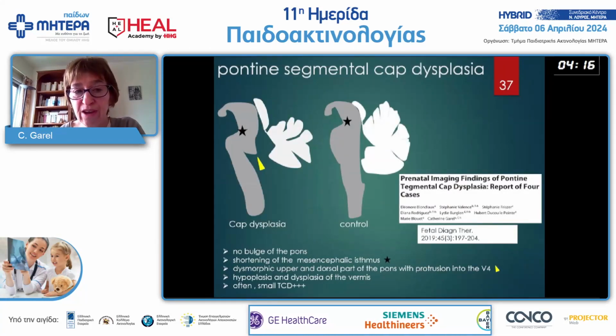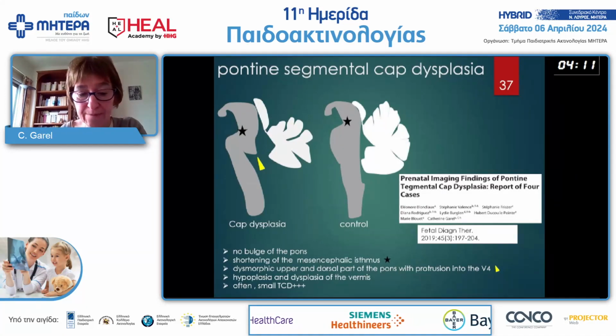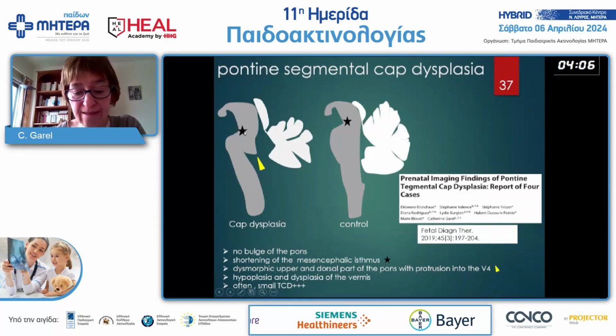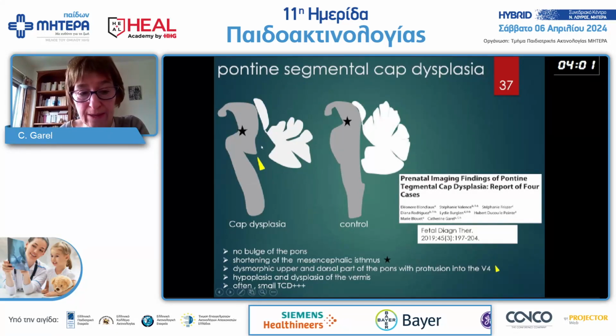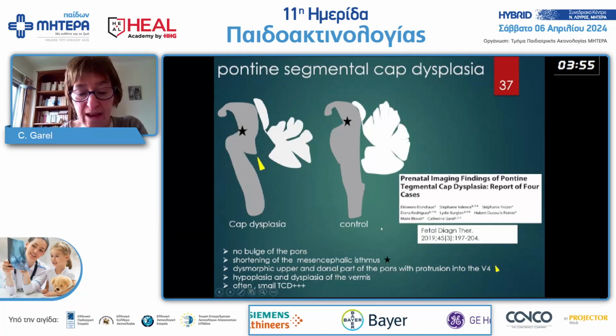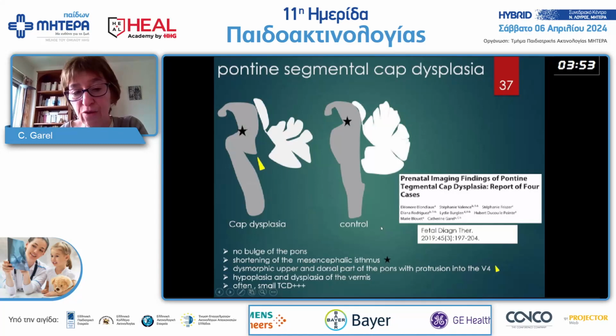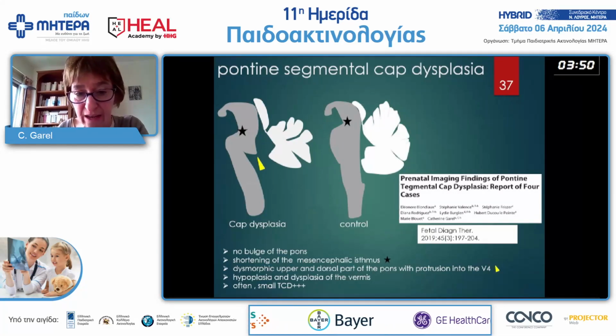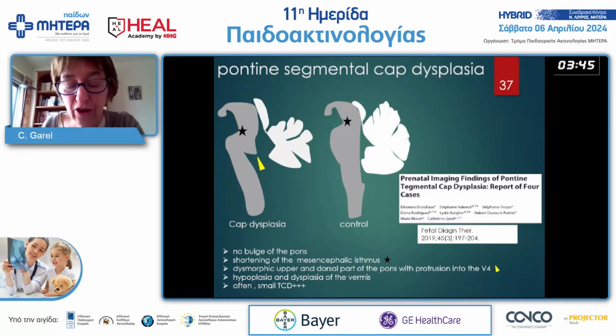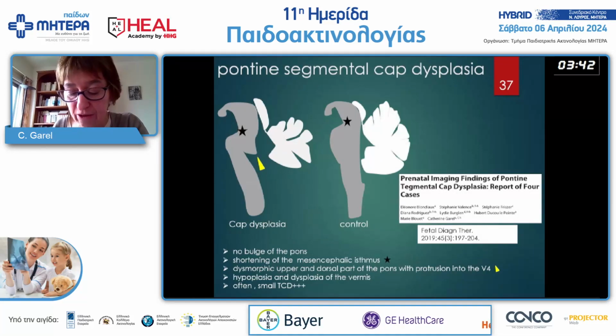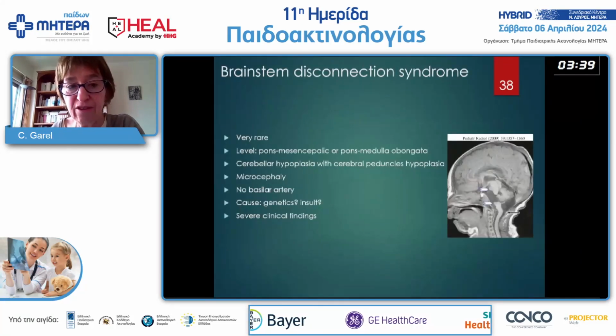It is an example of a pontine tegmental cap dysplasia, which is characterized by absence of bulge of the pons, shortening of the mesencephalic isthmus, dysmorphic upper and dorsal part of the pons with the cap protruding into the fourth ventricle, hyperplasia and dysplasia of the vermis, and usually the main ultrasound finding that leads to the search for these features is the decrease in size of the cerebellar diameter.